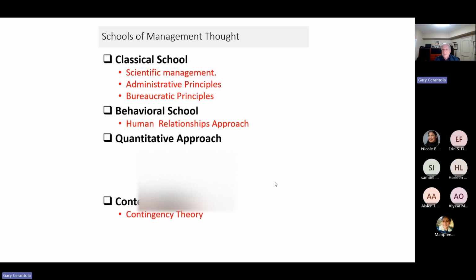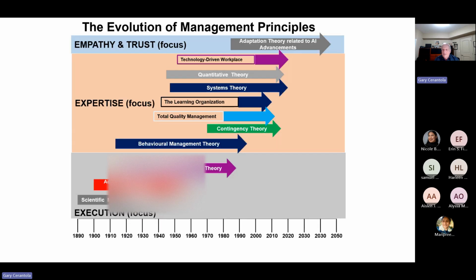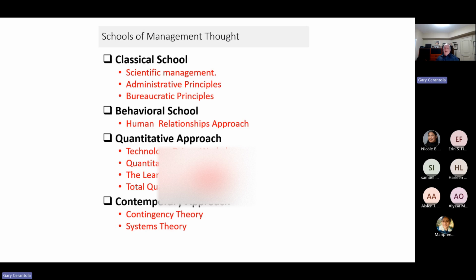Just a quick summary: these are the main areas or categories of management principles. There's the classical school, behavioral school, the quantitative approach, and the contemporary approach. And that's the continuum, that's the evolution.